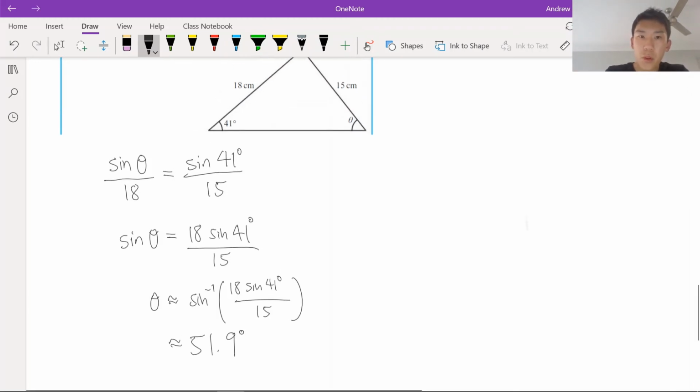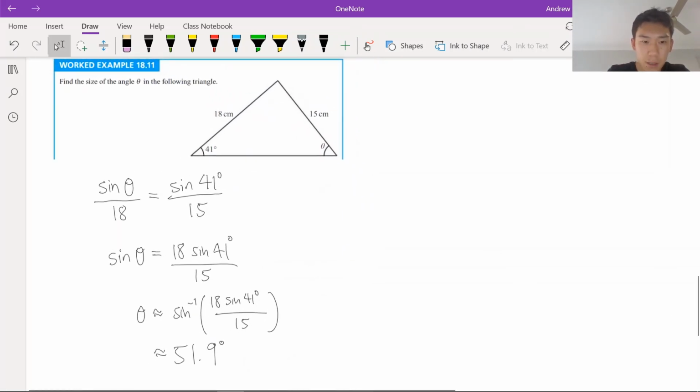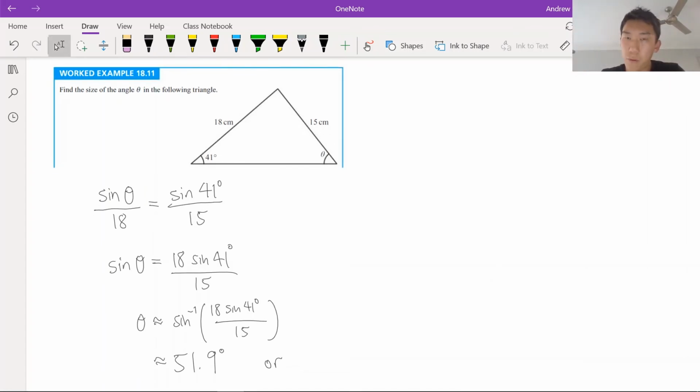Now, remember when you perform this calculation, you could possibly have two answers. All right, so it's going to be 51.9. So this is where, if you're not 100% sure, refer back to your class notes. All right, you're going to get 180 minus 51.9 degrees.